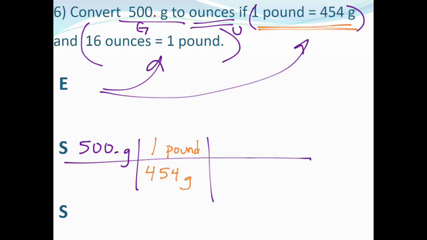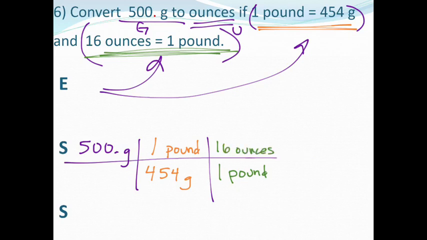But I don't want pounds, so time to get rid of them. I'm going to use this second equation here, making sure to put the 1 pound on bottom, and then I can put 16 ounces on top. Looking at everything, my diagonals match. I've got the units that it was asking for in the problem up on top, so we're ready to calculate.